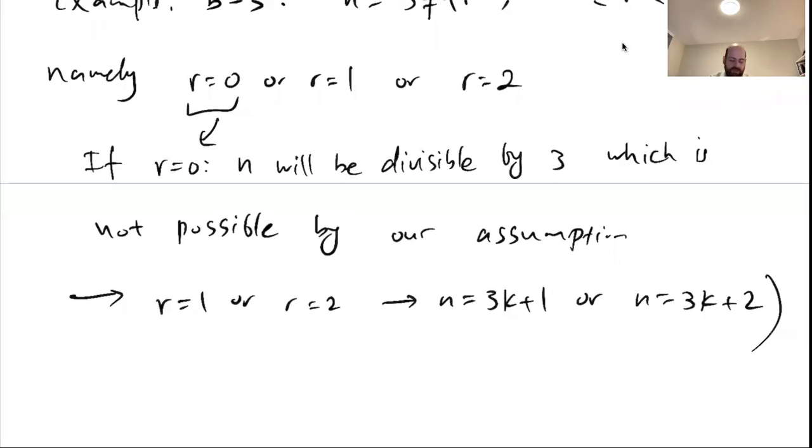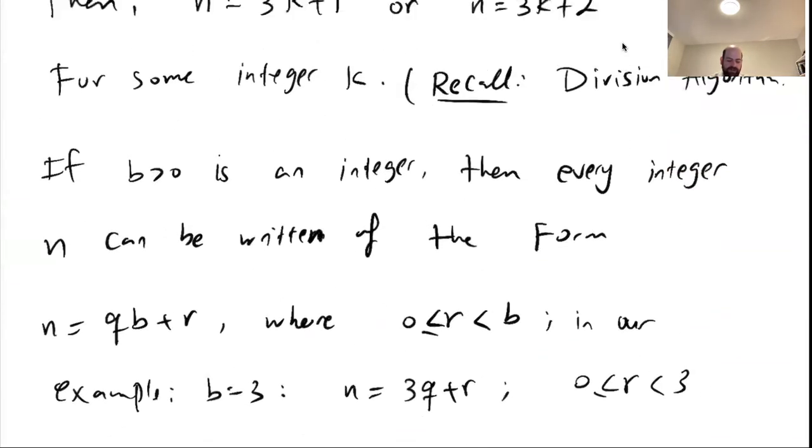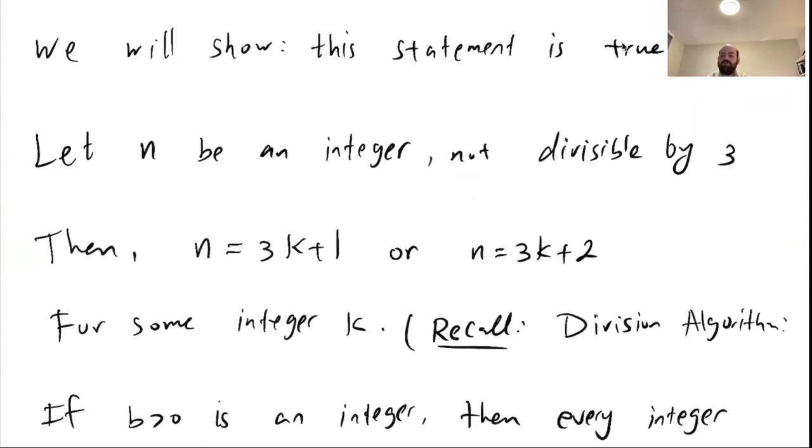So let's look at what we have done so far. I'm doing a direct proof. In a direct proof, I start with the assumption. The assumption is n is an integer not divisible by 3. Then my first conclusion is that n is either of the form 3k plus 1 or 3k plus 2.